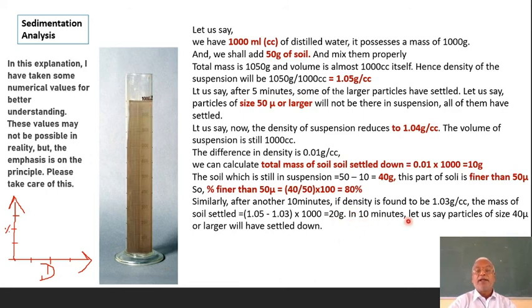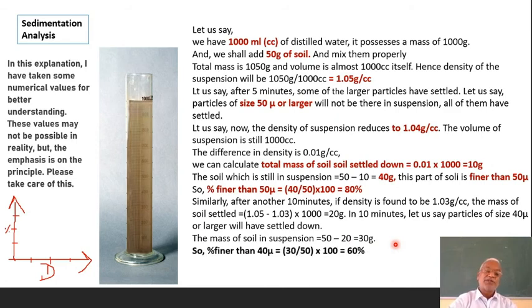In 10 minutes, let us say particles of size 40 microns or larger will have settled down. The mass of soil in suspension will be 50 minus 20, so 30 grams. So the percentage finer than 40 microns will be 30 divided by 50 into 100, which is 60%. That is the idea.